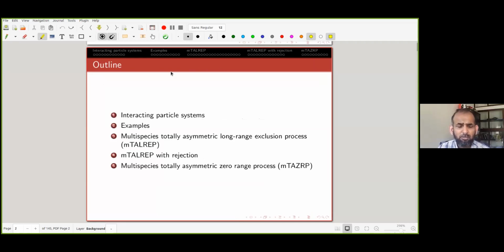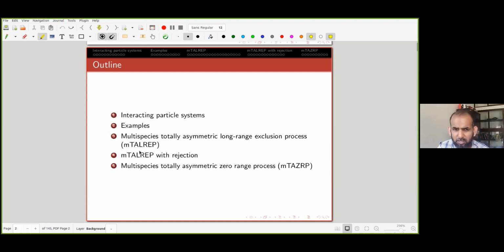So here's the outline of my talk. I'll first give a brief overview of interacting particle systems, give some examples. And I want to spend most of my time on this new model, which I call the MTALREP, or multi-species totally asymmetric long-range exclusion process, for which we are able to say a lot using combinatorial techniques and probabilistic techniques.